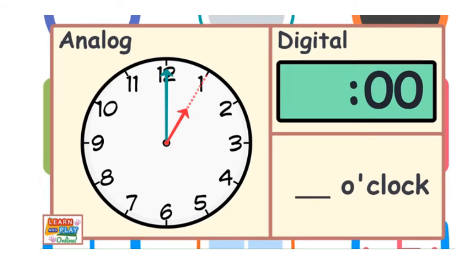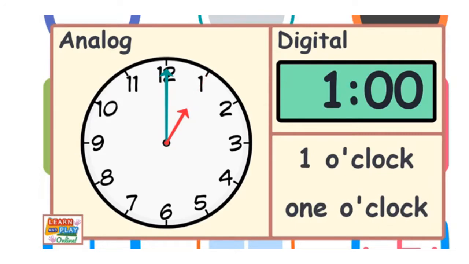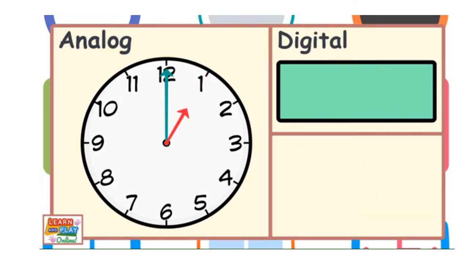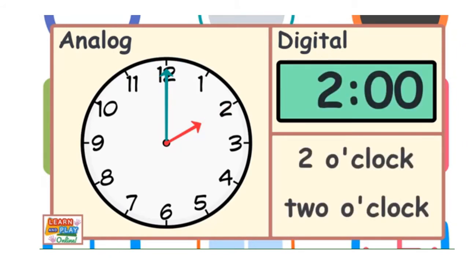So the time is 1 o'clock. Let's watch the clock fast forward another 60 minutes. What time is it? It is 2 o'clock.